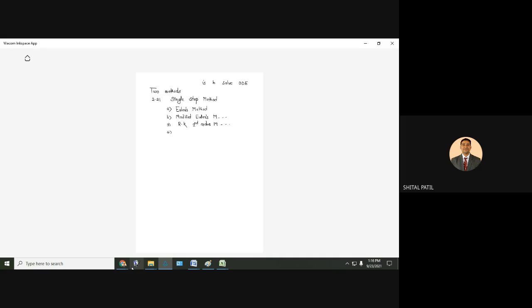RK second order. These are the four methods inside the single step method. What is the single step method and what is the multi-step method? We'll understand.